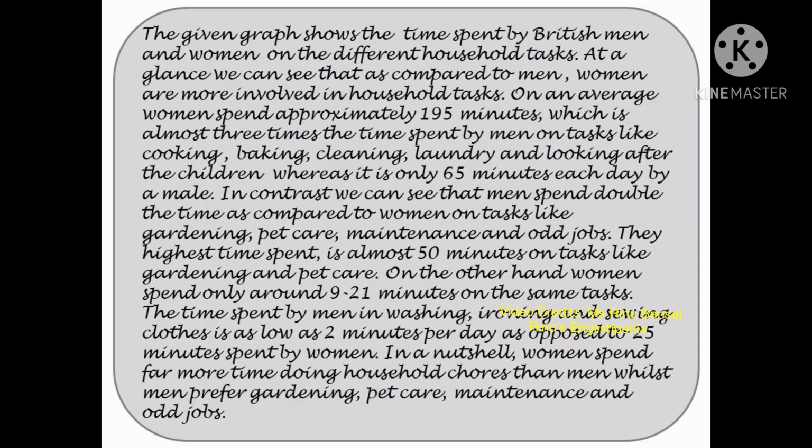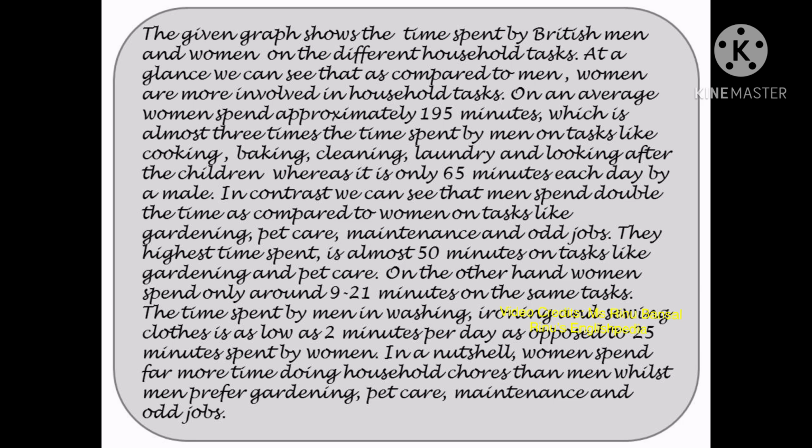On average, women spend approximately 195 minutes, which is almost 3 times the time spent by men, on tasks like cooking, baking, cleaning, laundry, and looking after the children, whereas it is only 65 minutes each day by a male.